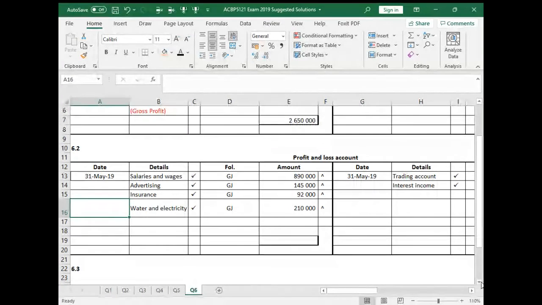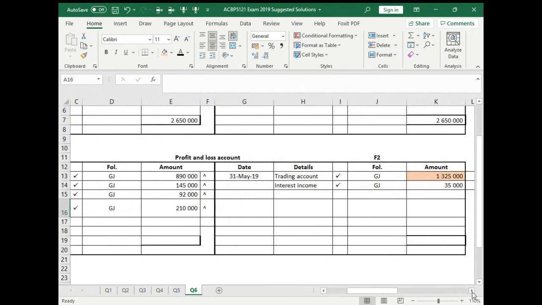So now the next step we have to do is we have to go and work out what is the balancing figure. Now the balancing figure in this statement would be the profit or loss for the year. Now what we do is you look whether the debit or credit side is the bigger one of the two. Now in this scenario, you can see the credit side is a lot bigger than the debit side. So we add up the credit side, we get 1.3 million.